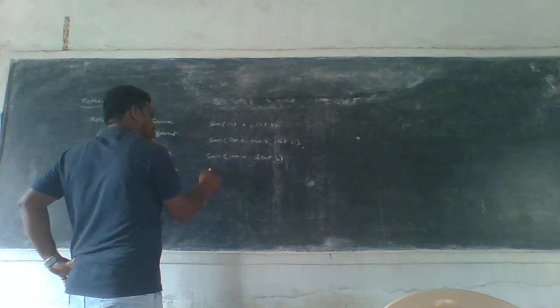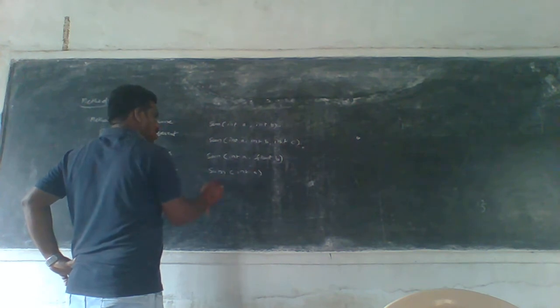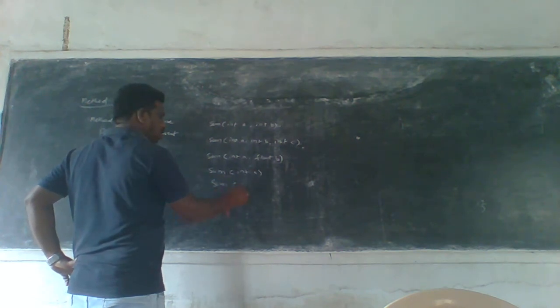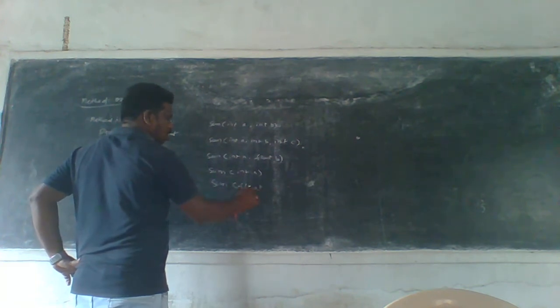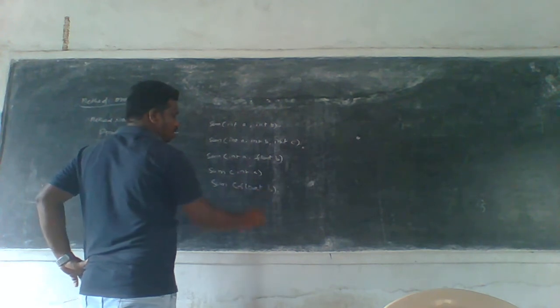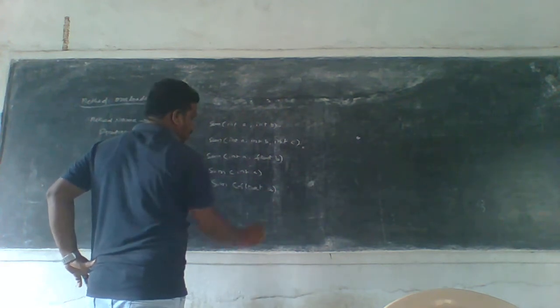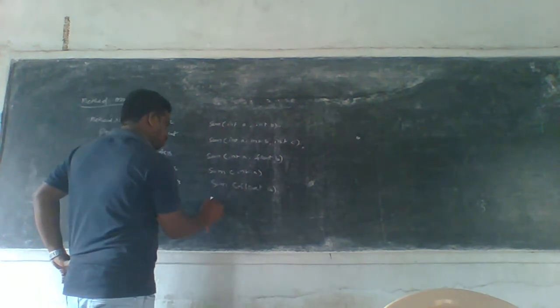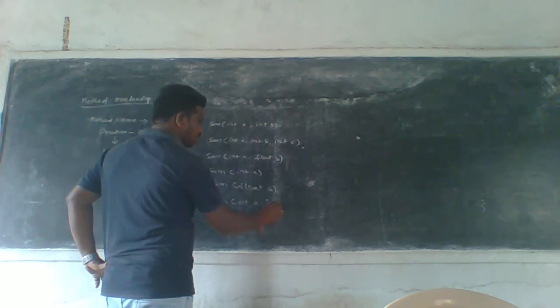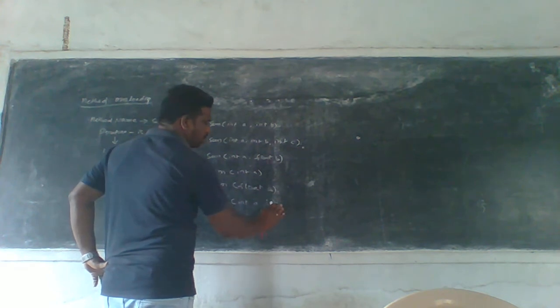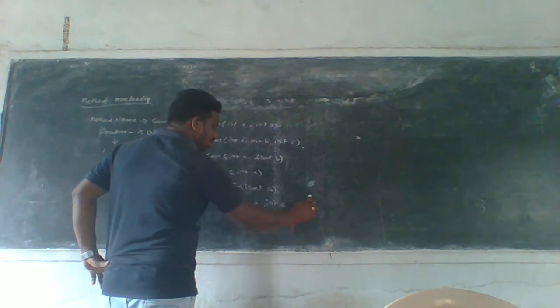Next, sum(float a, int b). Next, sum(int a, int b, int c), and sum(int a, int c, int b).